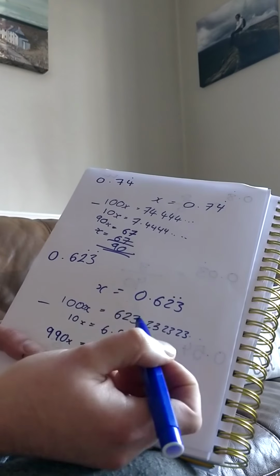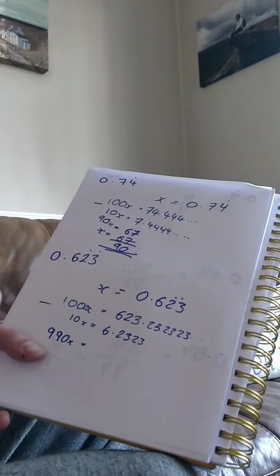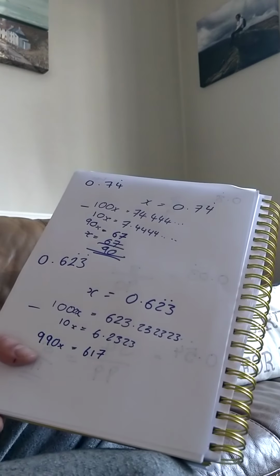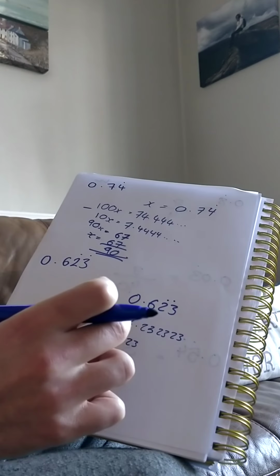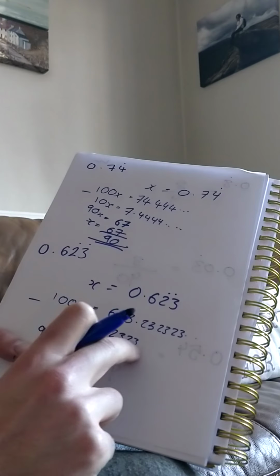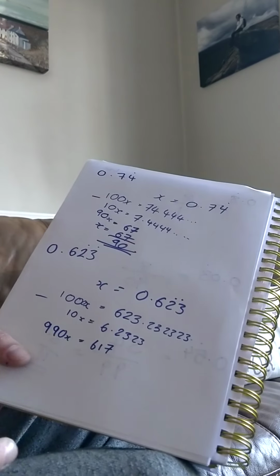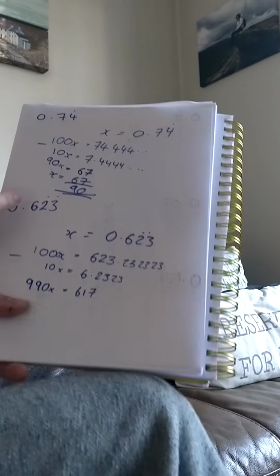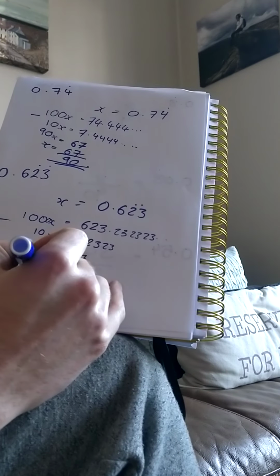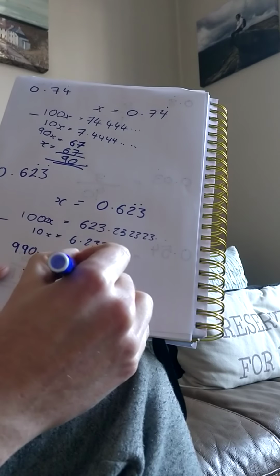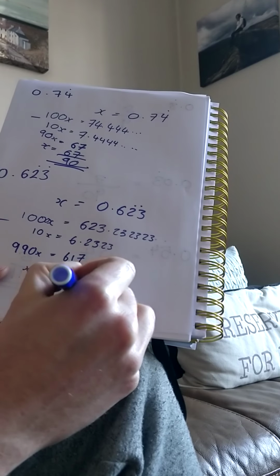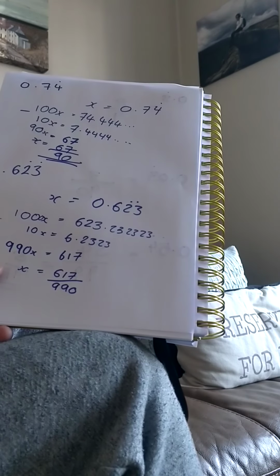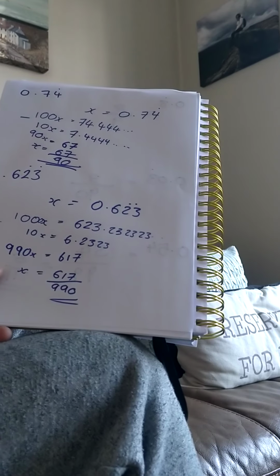So it's 623 take away 6, which is 617. And then you end up with x is equal to 617 over 990. That cannot be simplified, and that would be your answer on Hegarty.